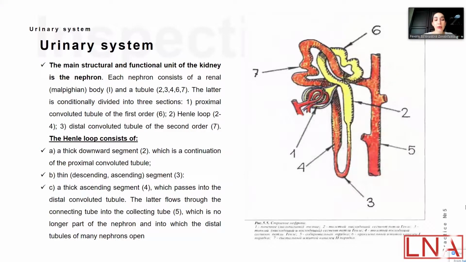The latter flows through the connecting tubule into the collecting tubule, which is no longer part of the nephron, and into which the distal tubules of many nephrons open. It's the structure of the nephron, separated into 3 parts: the proximal part, the Henle loop, and the distal convoluted part. And the Henle loop also consists of 3 main structures.